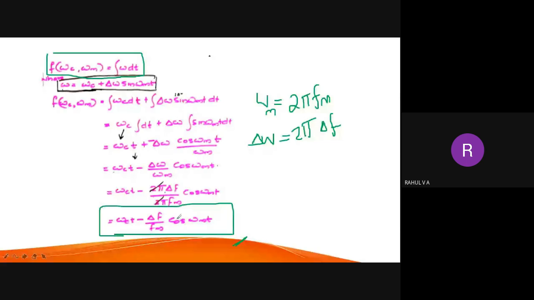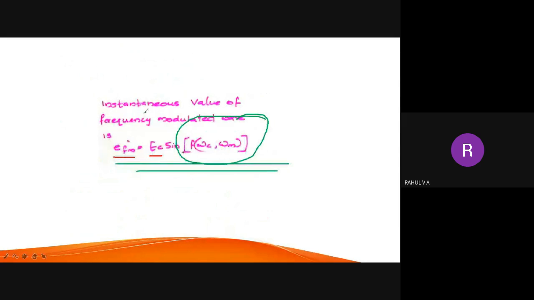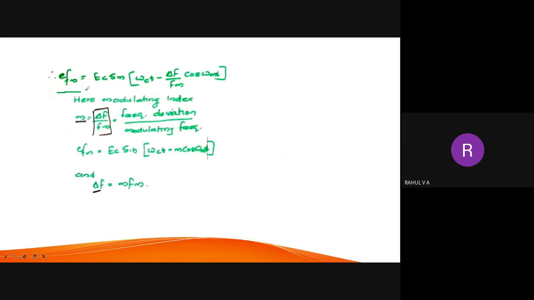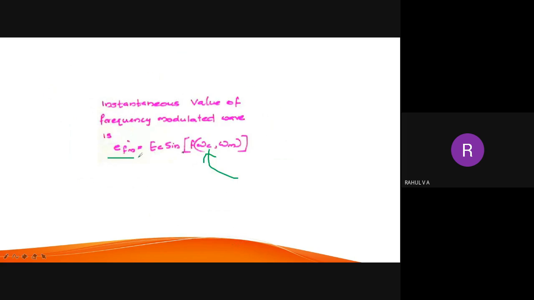So whatever we have found out is this term f of omega c comma omega m. We have to substitute whatever we derived now into this equation. Let us see that EFM is equal to EC sine, which we have taken directly.